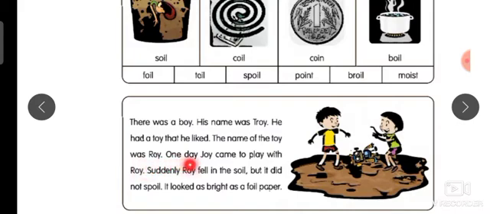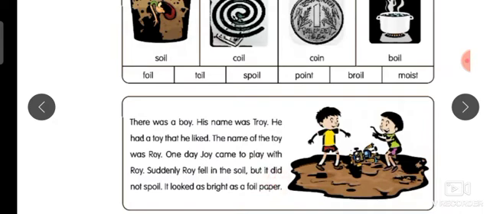One day, Joy came to play with Roy. Suddenly, Roy fell in the soil, but it did not spoil. It looked as bright as a foil paper.